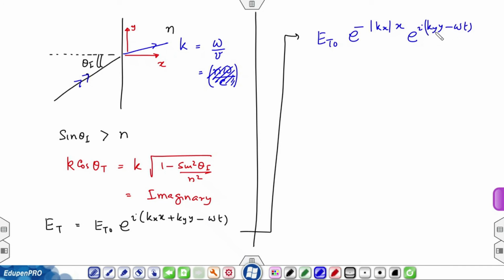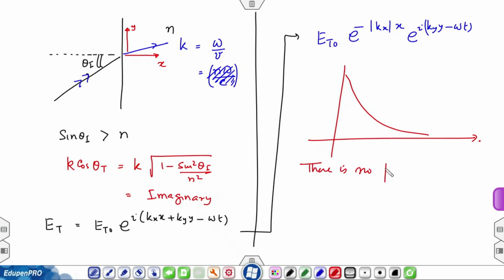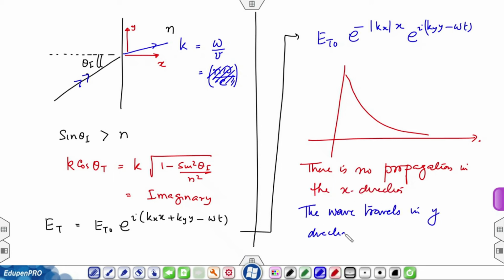So, if you look at the amplitude in the x direction, it is decaying exponentially, and there is no propagation in the x direction. The wave travels in the y direction. So, there is no transfer of energy across.